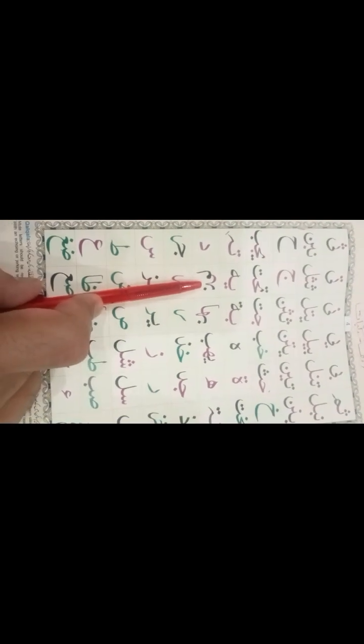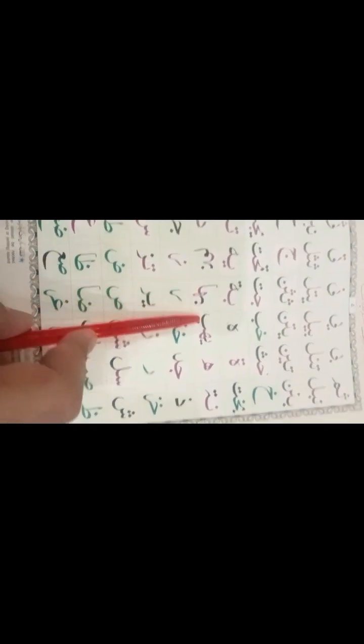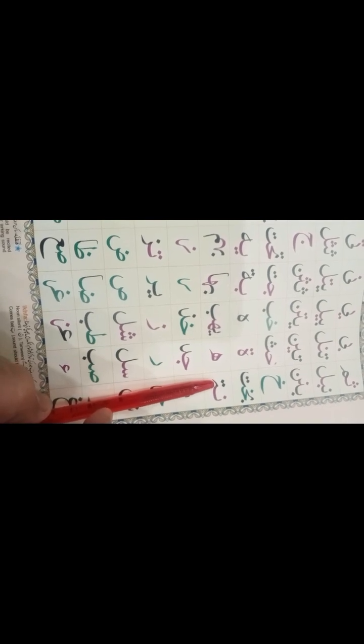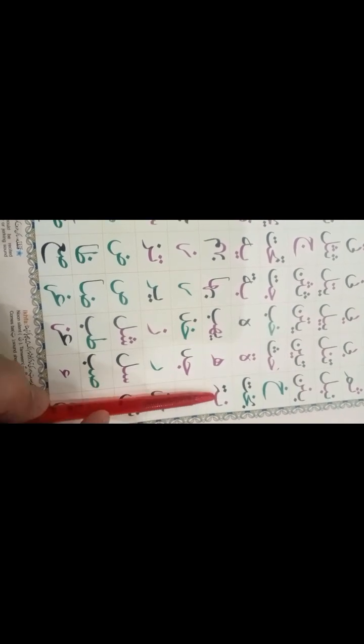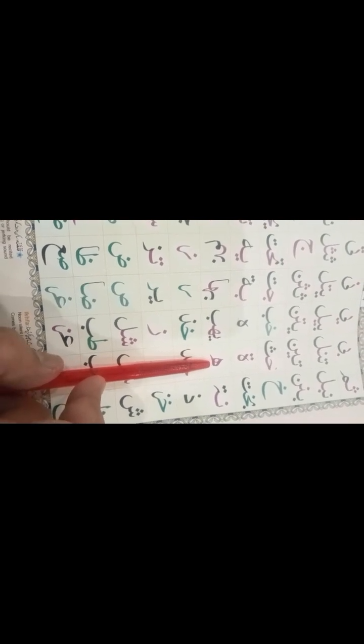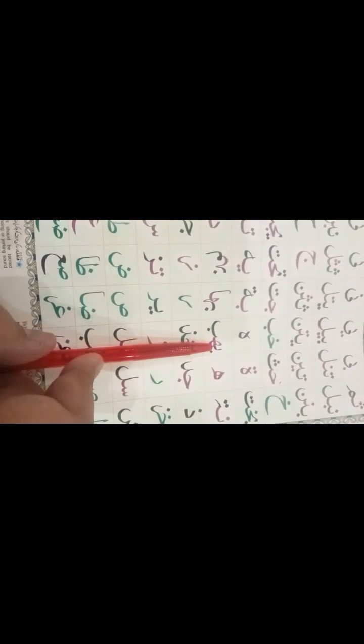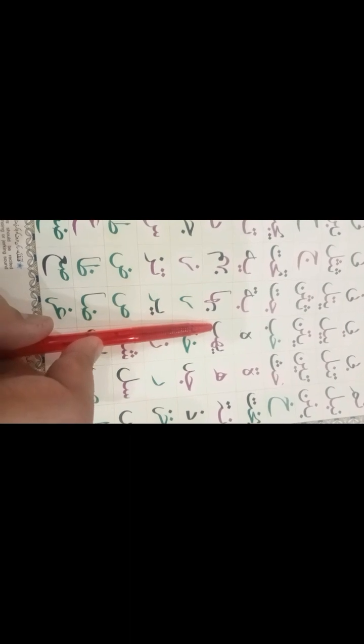So guys, I'll once again repeat my lesson. Today we start from noon ta, a different style of written form of ta, noon ta. And there is ha, which looks like two round eyes, ya ha ba.